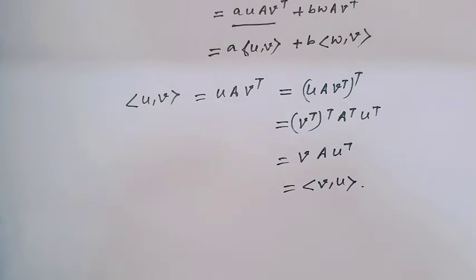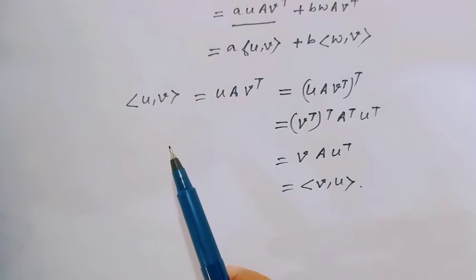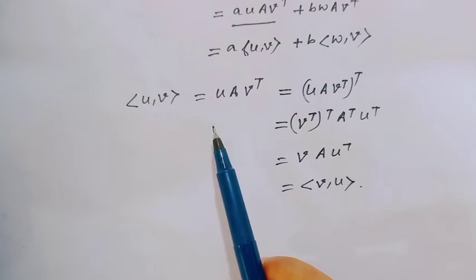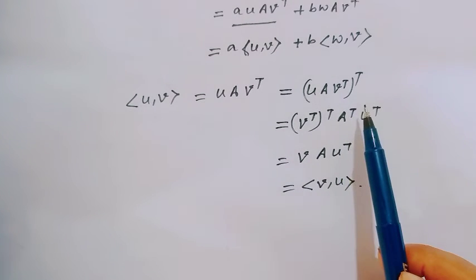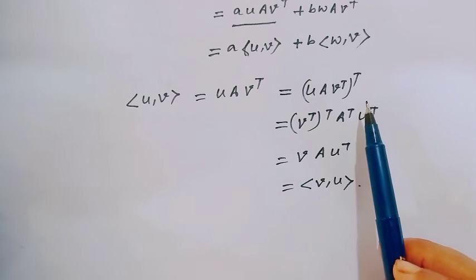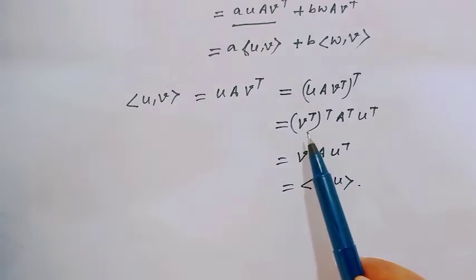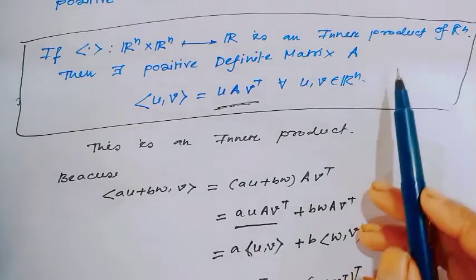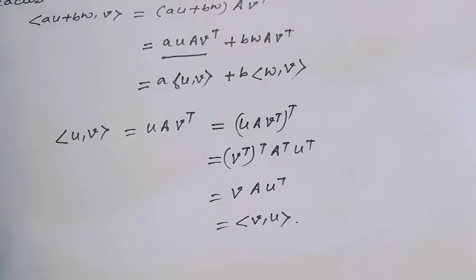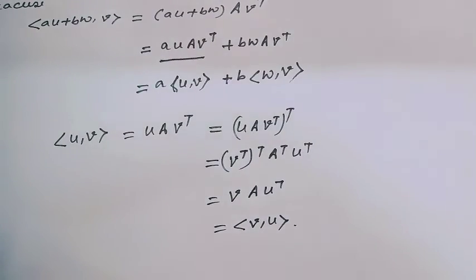And this will satisfy the property of symmetry because inner product of U, V equals U A V transpose. Now apply transpose again. Then by the property of transpose, this is equal to V transpose A transpose U transpose. And since this is a positive definite matrix, obviously A is a symmetric matrix.